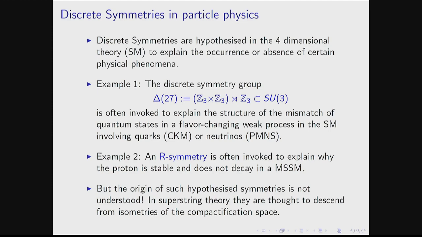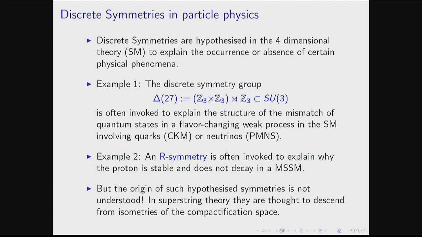So for example, to explain the structure of the mismatch of quantum states in flavor changing processes, one often invokes this group Delta(27), or I think it was in Patrick's talk where he spoke about Delta(54) in the same category of groups. I use the word category loosely here.